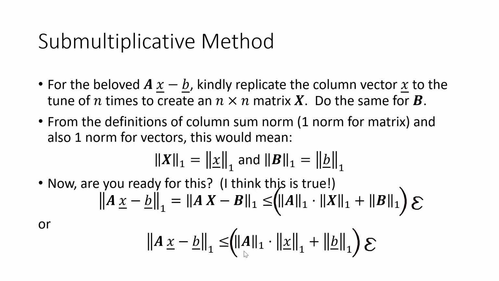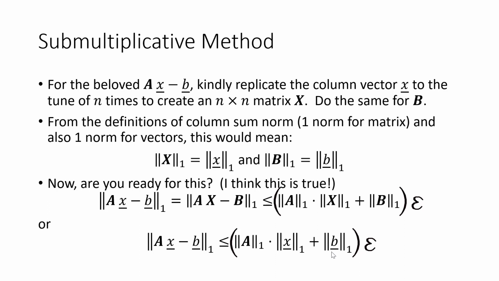And then I get a very nice relation that says that the 1 norm bound on the error is going to be less than or equal to the 1 norm of matrix A times the 1 norm of vector x plus the 1 norm of vector b. Very nice, very easily calculated in MATLAB. Norm times norm plus a norm.